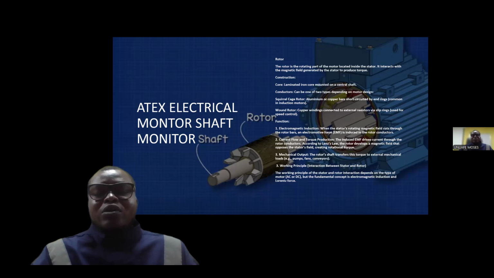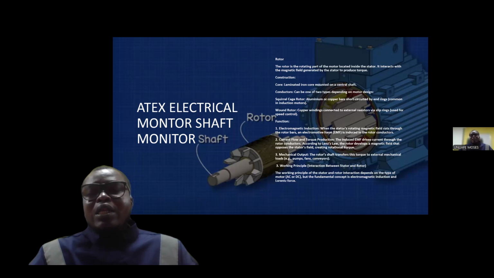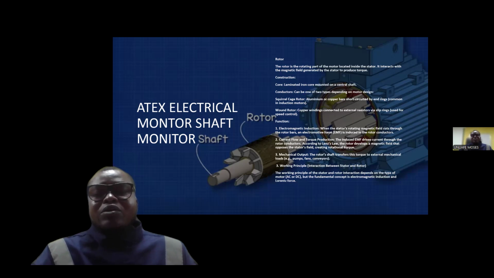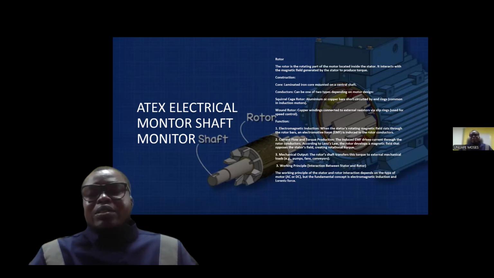And how is it constructed? The construction is based on a laminated iron core mounted on a central shaft. Then the conductor part can be one of two types depending on the motor design.